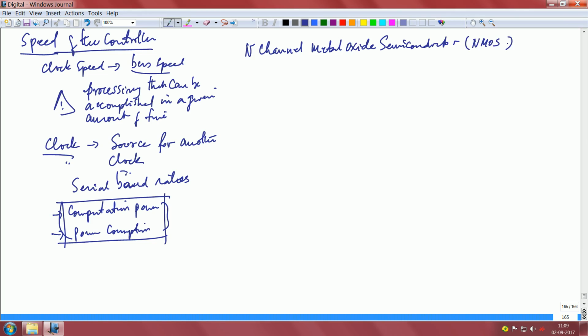This is one part. Then you have high density complementary metal oxide semiconductor, HCMOS.